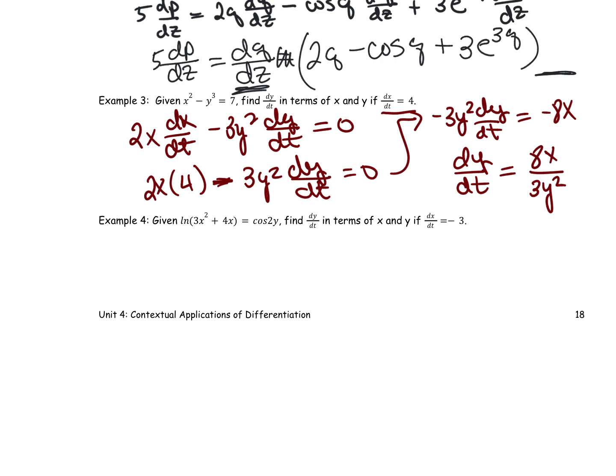Okay, you got another one in example 4. Once again, you're taking the derivative of y with respect to t. And you've got dx dt equals negative 3.